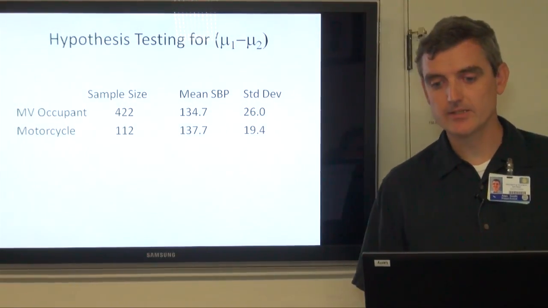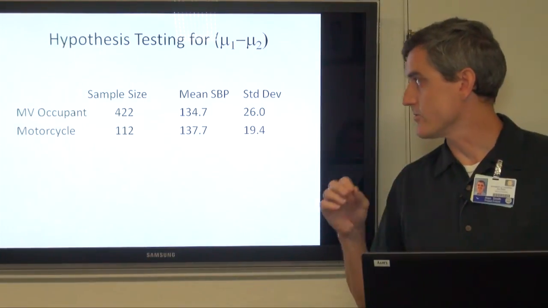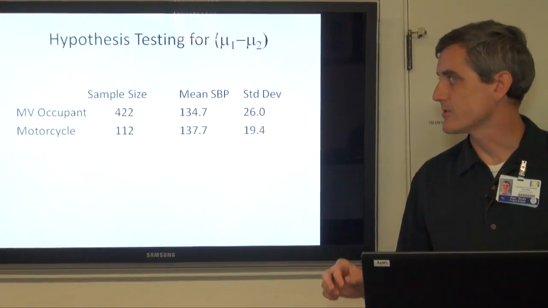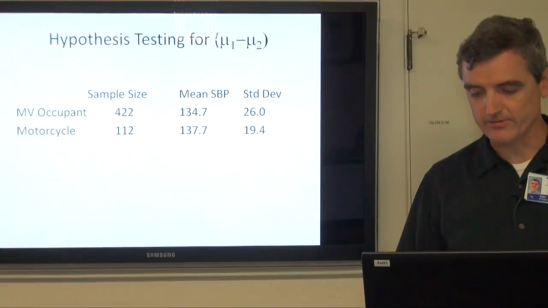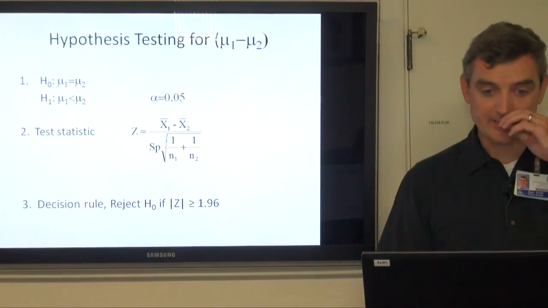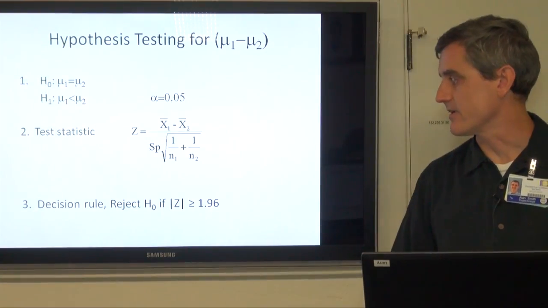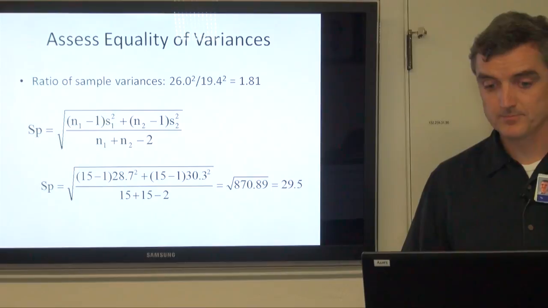All right, so in this case, motor vehicle occupants, we had 422 with a mean blood pressure of 134.7. Motorcyclists are 112, mean blood pressure is 137.7. Here's the standard deviations. And so we've got this test statistic. Again, we're going to reject if the z-value, absolute value, is greater than or equal to 1.96.